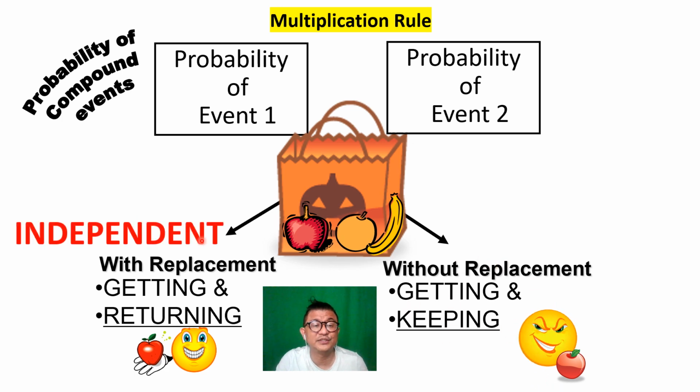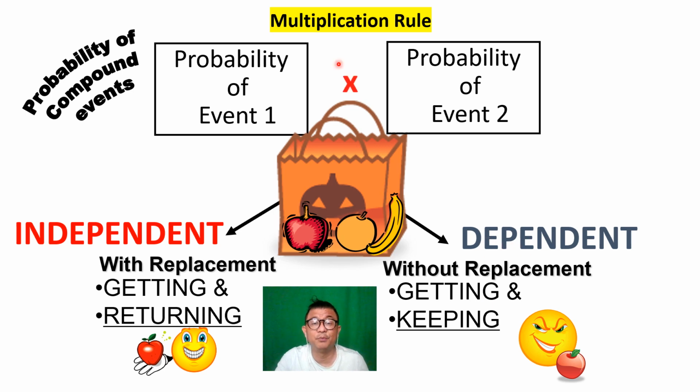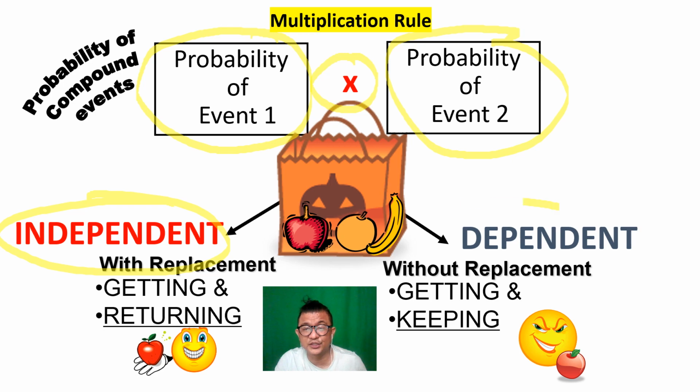This one is called the independent, because you return it back. But if you don't return it back, it is now called dependent. And for both, the rule is simply the multiplication rule. Just multiply the first probability times the second probability. But these two will change the numbers.